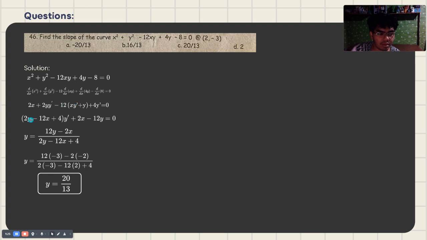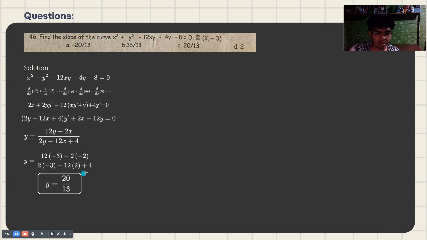Then next, just use the differentiation rules. So the answer will be 2x plus 2y y prime minus 12 times x y prime plus y plus 4y prime equals 0.